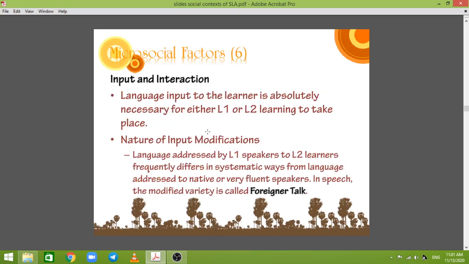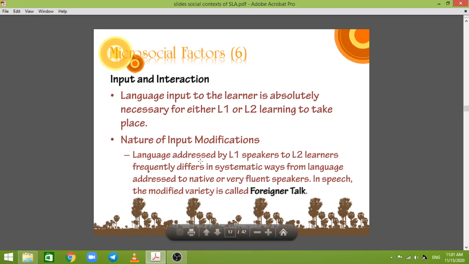Input and interaction. Language input to the learner is surely necessary for either first language or second language learning, L1 or L2 learning, in order to take place or happen. Nature of input modification.